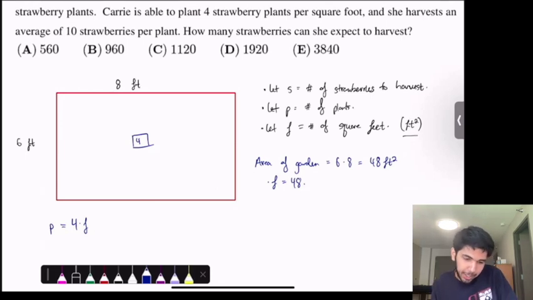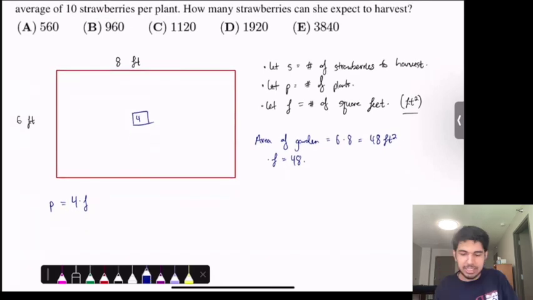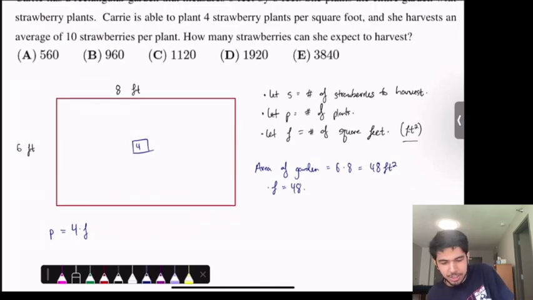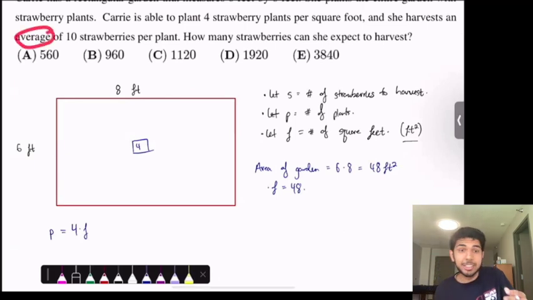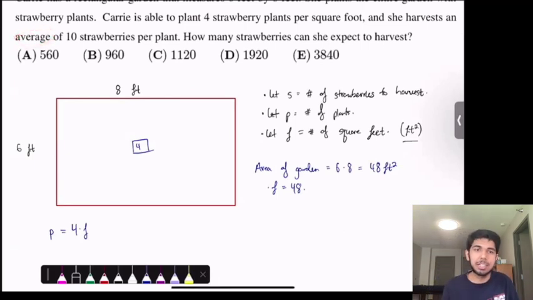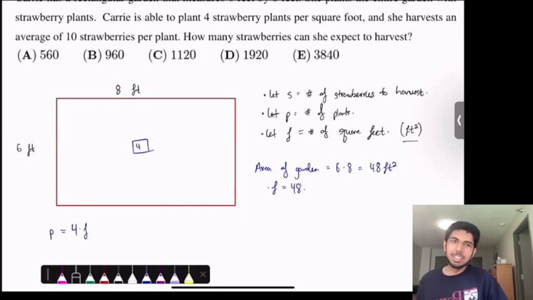Then we have perhaps another equation to create. She harvests an average of 10 strawberries per plant. So what does that mean? We have to be a little careful here because this says an average of 10 strawberries per plant. This doesn't necessarily mean that every plant has 10 strawberries, though if every plant did have 10 strawberries, then she would expect to harvest an average of 10 strawberries per plant, but the amount of strawberries per plant could differ.